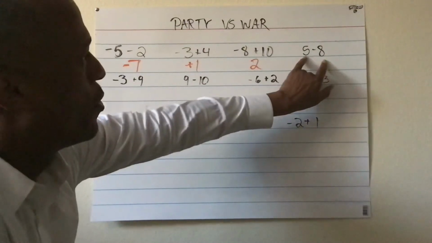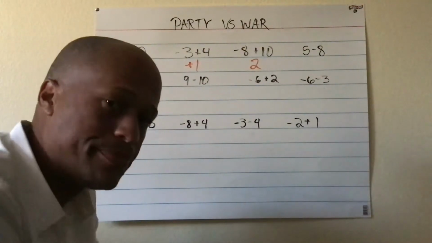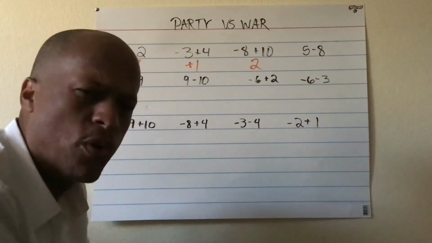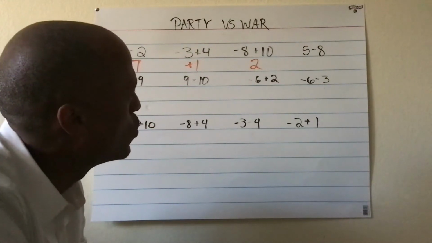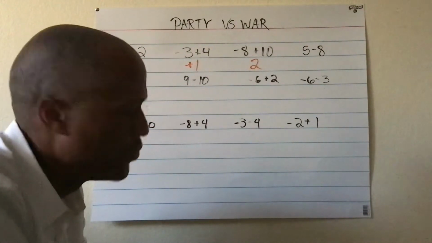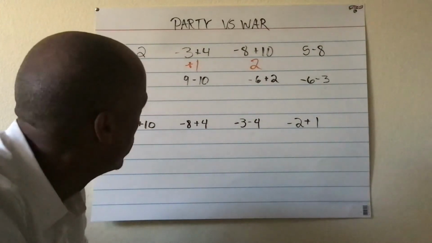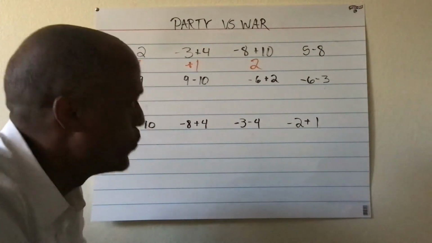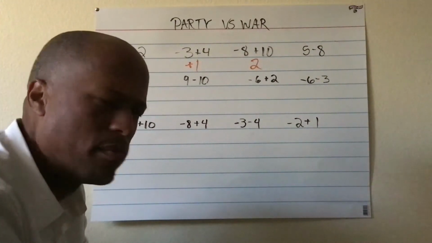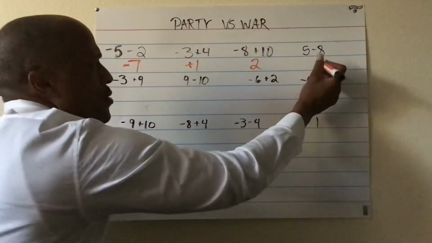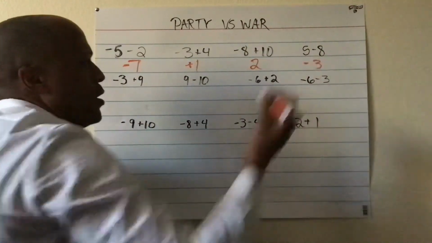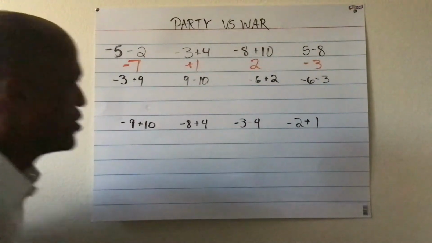What about 5 minus 8? Party or war? War, that's a war. Who wins the war? Negatives, it looks like negatives win. And how much do they win by? In this case, 3. -3. Excellent.